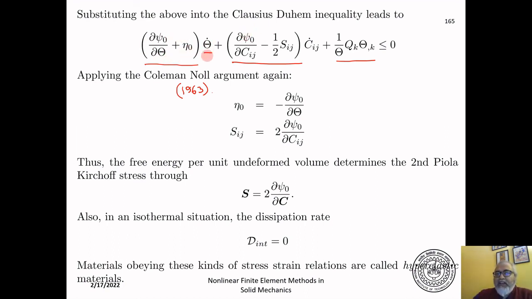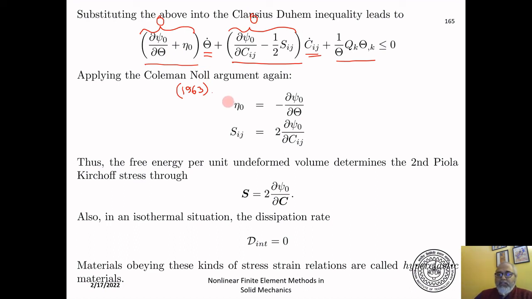Therefore, we are at liberty to vary C dot and theta dot as we want, without varying the quantities inside the brackets. We could vary them as much as we want and violate the second law of thermodynamics, which we are not allowed to do. Therefore, this has to be 0, so that under no circumstances should this violation take place.